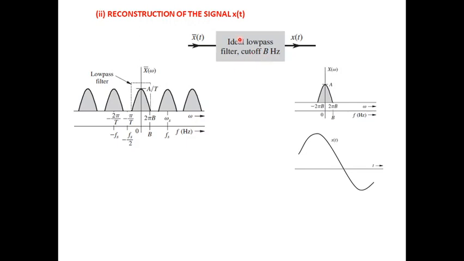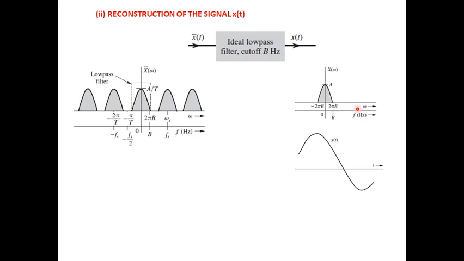When it is passed through, we can see that the baseband, the fundamental frequency over here, is B hertz or 2 pi B radians. So automatically a low pass filter will obtain only this part of the spectrum and will reconstruct the signal x of omega from x cap of omega.